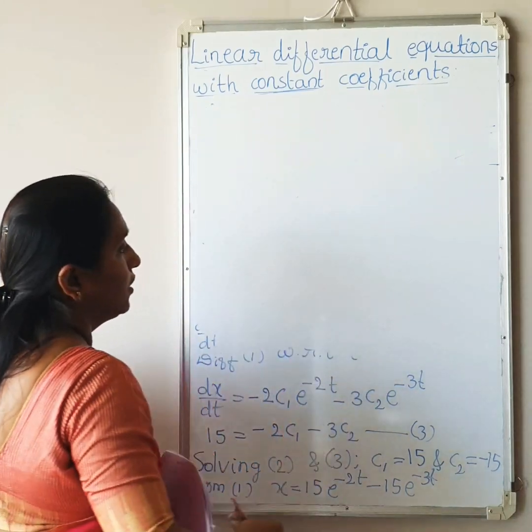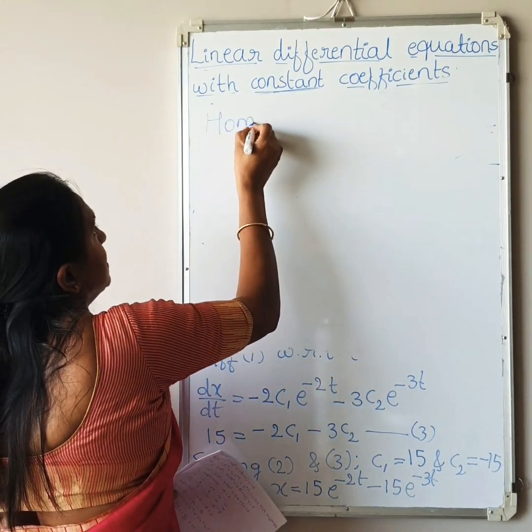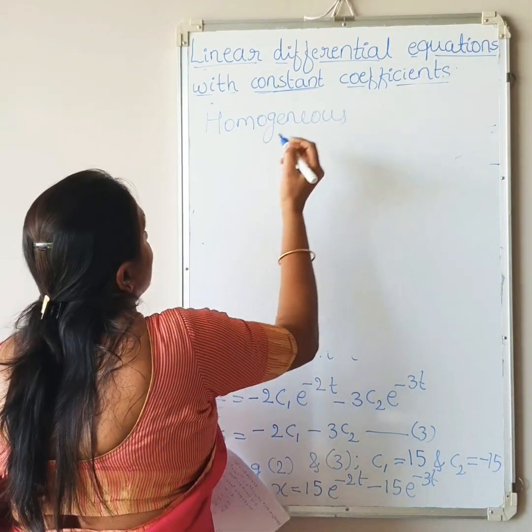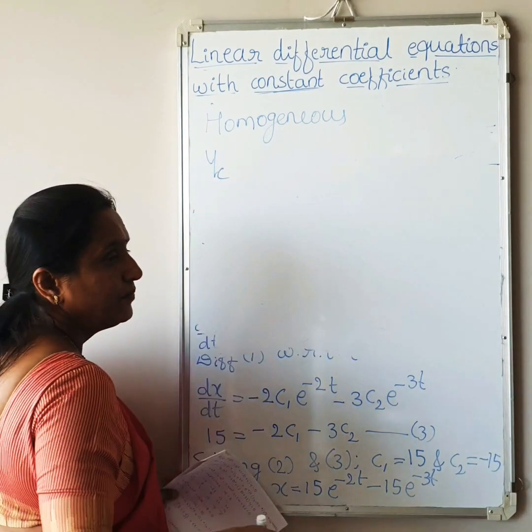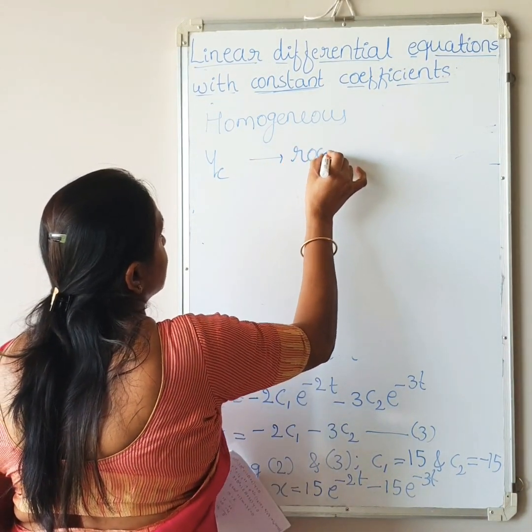Here what we have to do, first check whether the given equation is homogeneous or non-homogeneous. If it is homogeneous, find out only yc. To find out yc, find the roots.